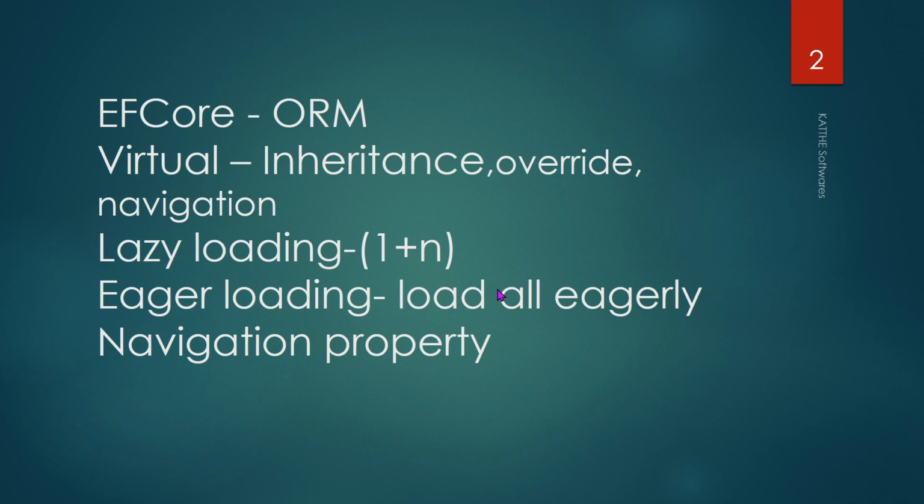That is called lazy loading. That is why I mentioned it is 1 plus n. Earlier everywhere they mention n plus 1, but it is actually 1 plus n: one load you do, then based on that, however many calls you are about to do.